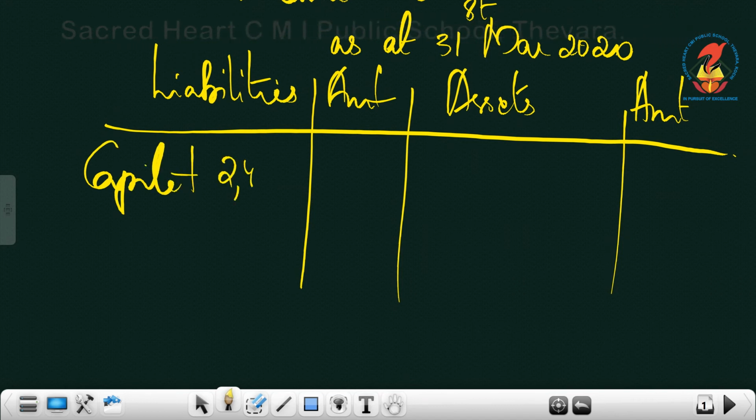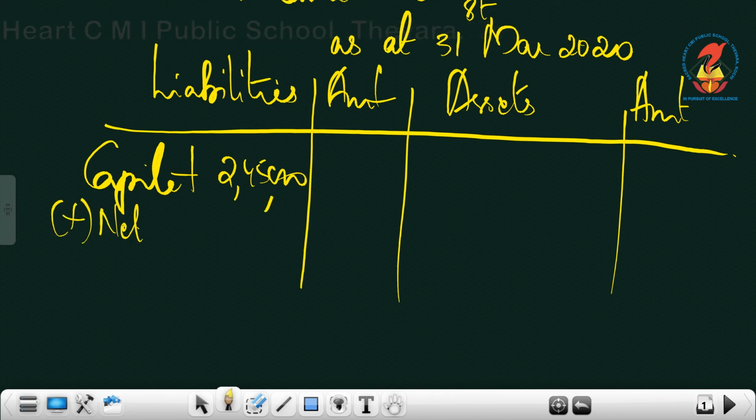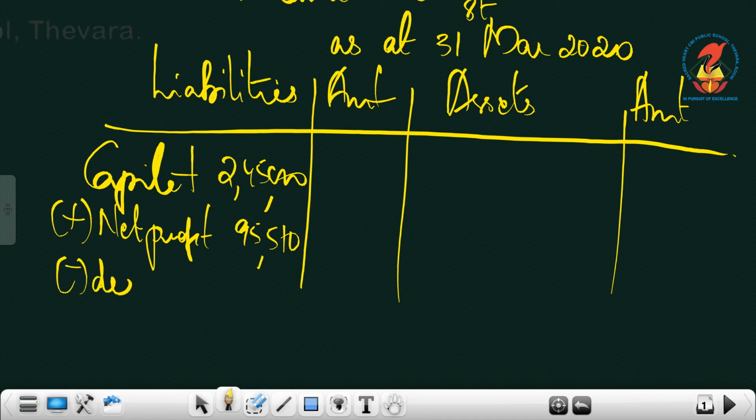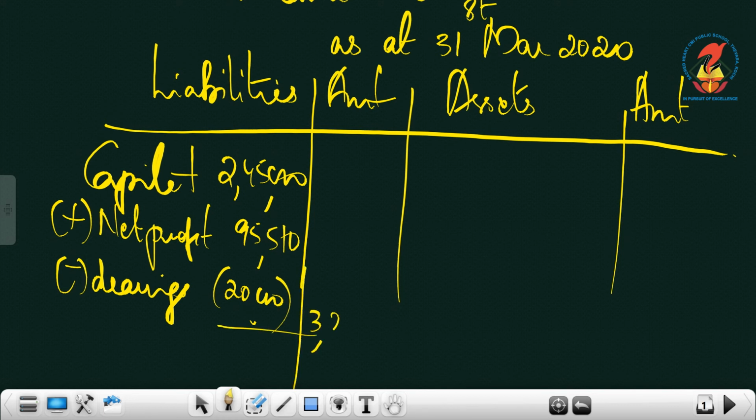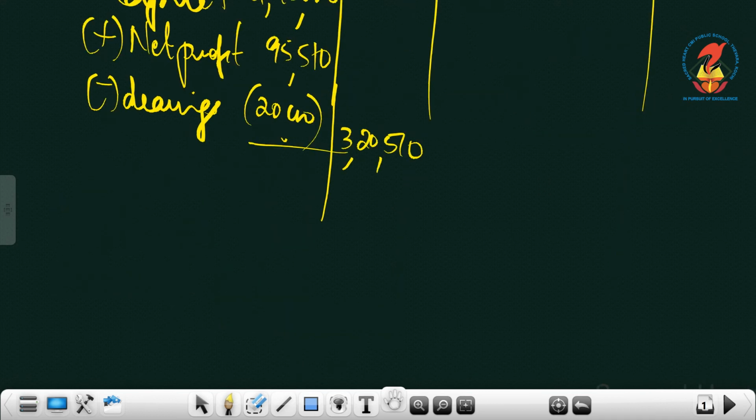It's 2,45,000. Add net profit 95,510, less drawings 20,000. So in the outer column you write 3,20,510. All these you know how to write.